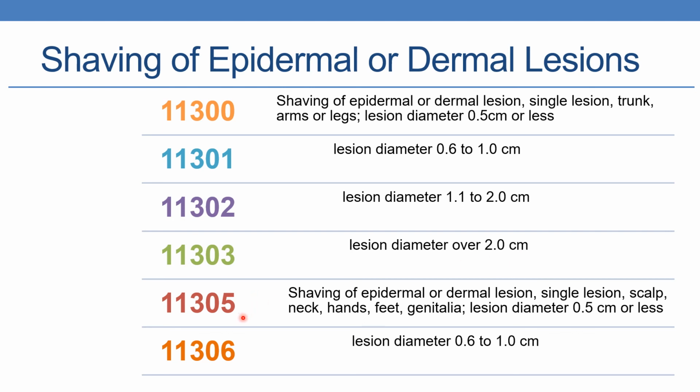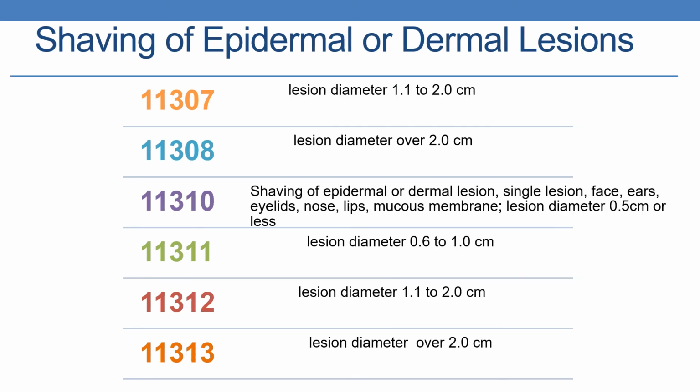And 11305 is shaving of epidermal or dermal lesion, single lesion, scalp, neck, hands, feet, genitalia, lesion diameter 0.5 centimeters or less. 11306 is the same region with lesion diameter 0.6 to 1 centimeter. 11307, the lesion diameter is 1.1 to 2 centimeters. For 11308, the lesion diameter is over 2 centimeters.